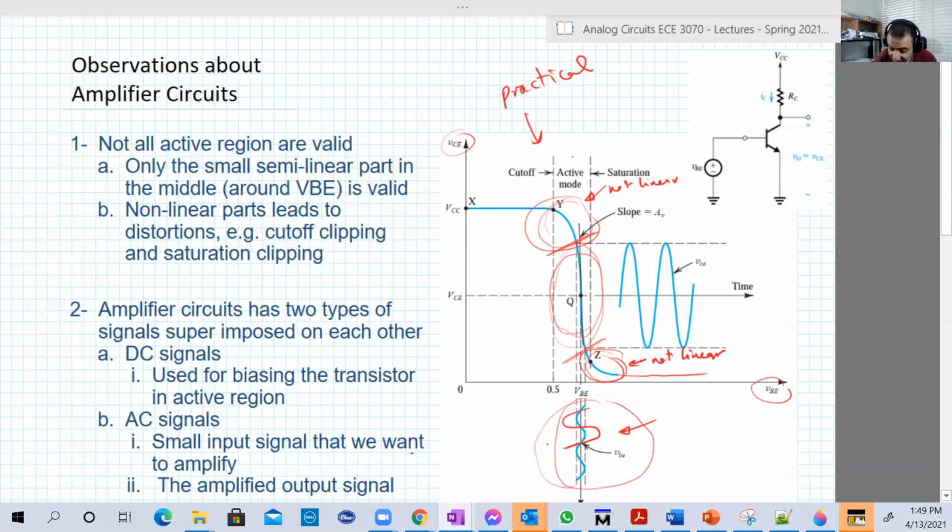Why? Because here VO or VC and V input have a non-linear relation, so there will be distortion in the output. The output may be something like this. It's not like the tip that we usually see with a sine wave. Or if it was bigger than this, I mean it crosses even the cutoff region, it may become like this.